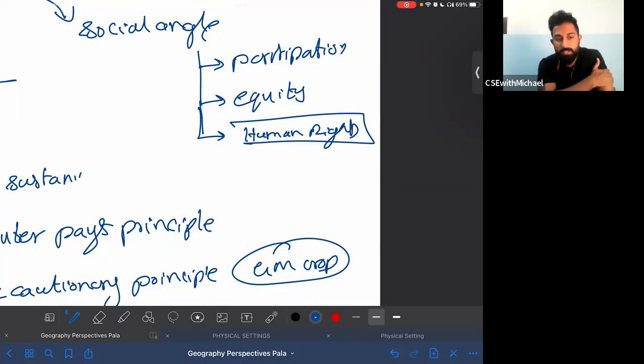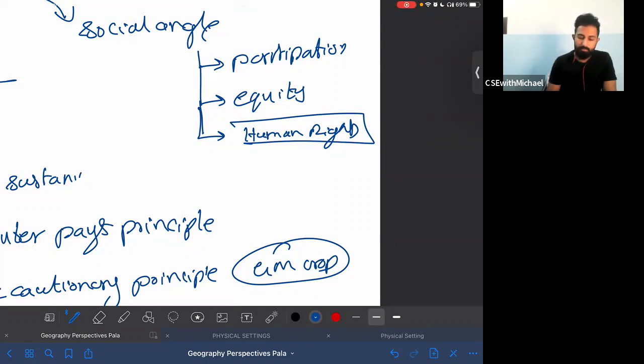First one, the principle of sustainability. The principle of sustainability is tied with the limited carrying capacity of the earth, right?